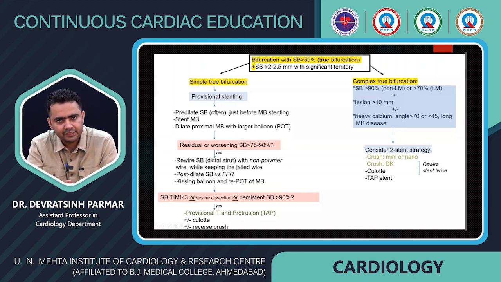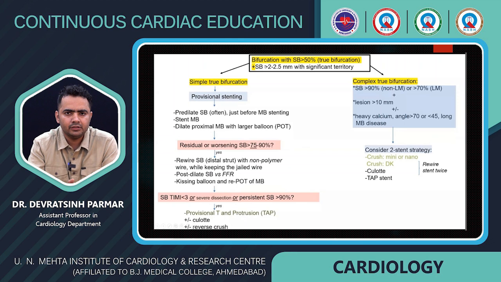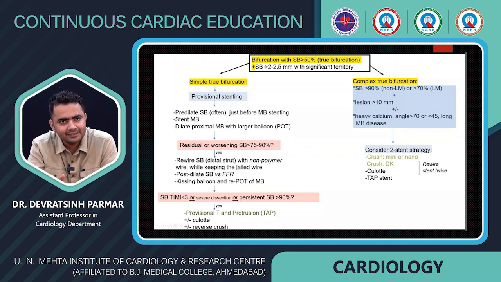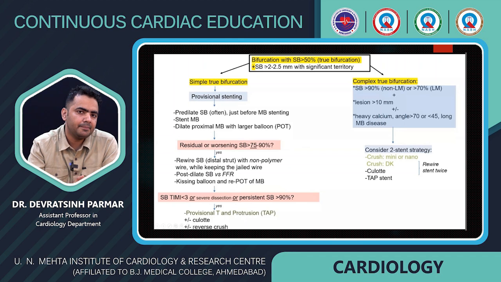After provisional stenting, if the side branch is still significantly stenosed, then you do a kissing balloon. You perform a kissing balloon, post dilate and then again you see. Okay. And if still, even after the kissing balloon, there is less than TIMI 3 flow or side branch significant dissection or persistent side branch more than 90% stenosis, here you have to convert this provisional stenting into either T or TAP stenting. Okay.